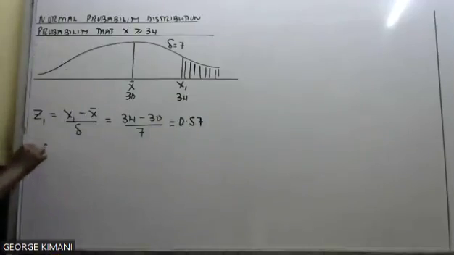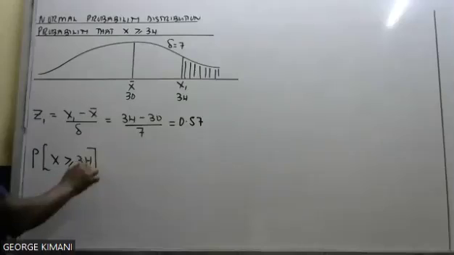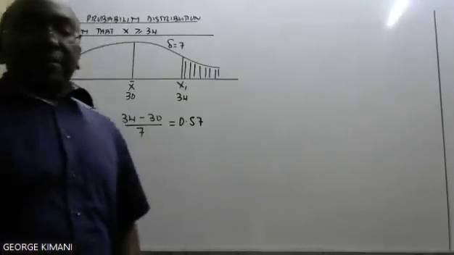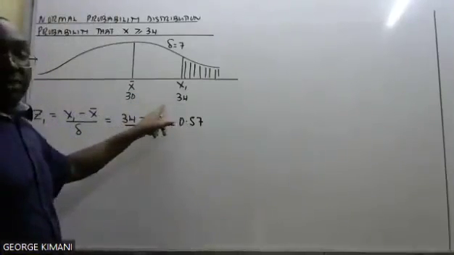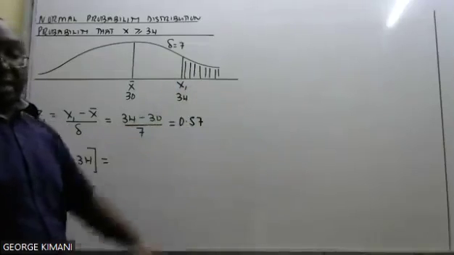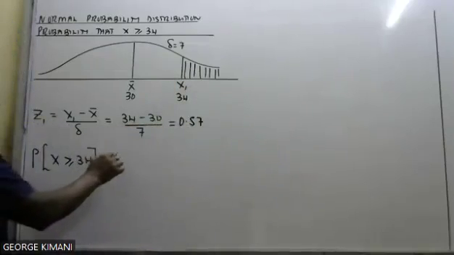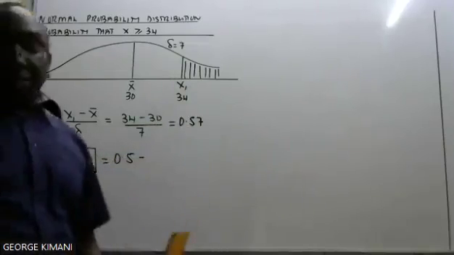So probability that X is greater than or equal to 34 is now this one, when we read it, we shall get the probability from 30 to 34. But we need the greater than. So we must then say 0.5 minus. So nisomee hii 0.57.